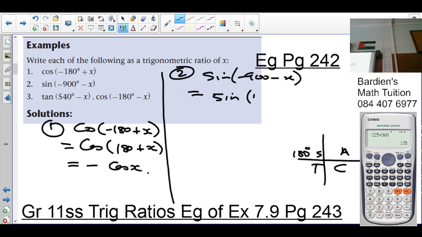So it's going to become sine of 180 minus x. Why minus? Because there was a minus in the original. Now what? 180 minus x is in which quadrant? Second quadrant. Sine positive or negative? So it's going to be positive sine x. Okay, let's look at number 3.